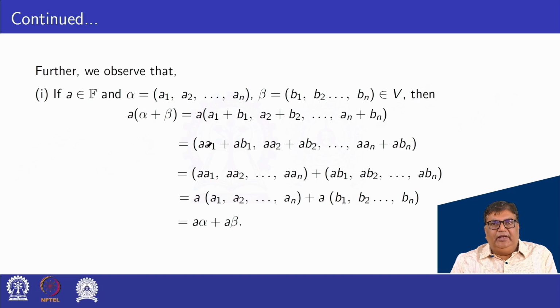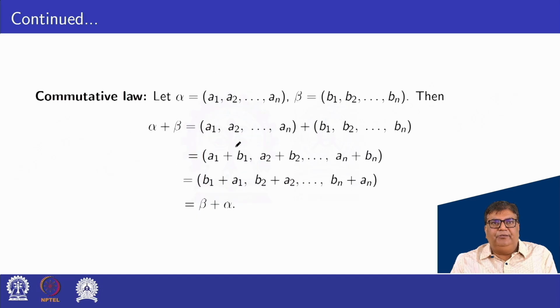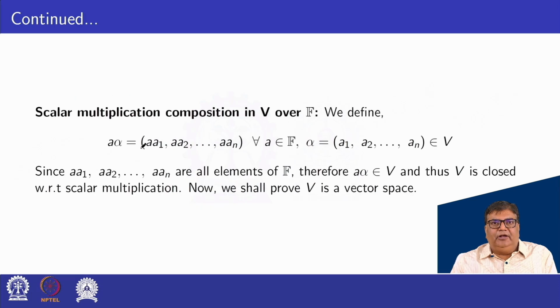That is (a a1 plus a b1 ...), because here we have the property a alpha equal to (a a1, a a2, and so on, a an).